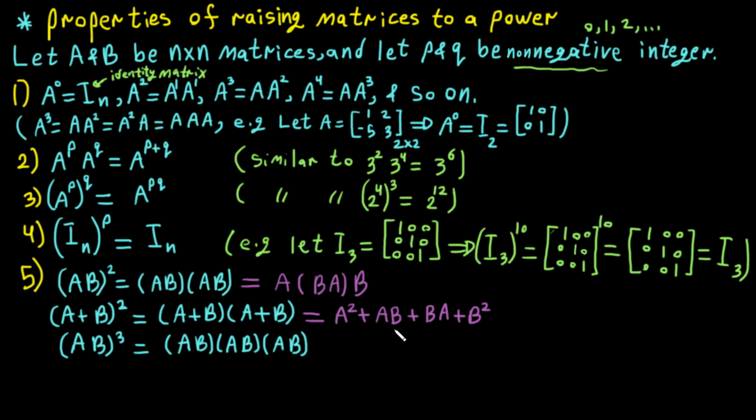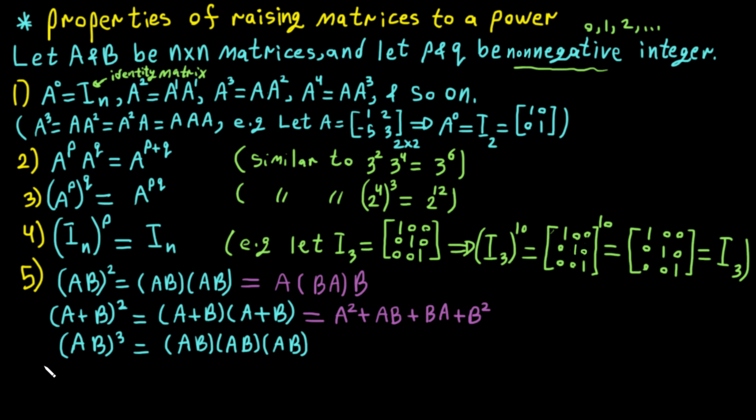We can't simplify these two together because we know AB is not equal to BA in general, but sometimes it works. Unless AB equals BA, we can write it as 2AB. I will put it in the notes below. Here we have (AB) to the power 3. We have 3 copies of AB, so you only need to find AB, then multiply by itself 3 times.